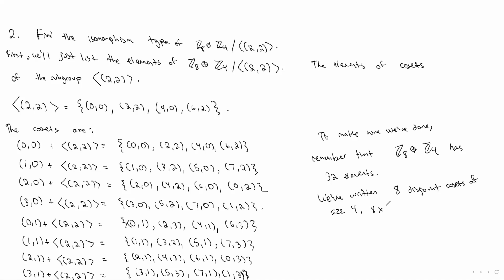And 8 times 4 is 32. So we're good. All right, now the next step is to find the orders of the elements.